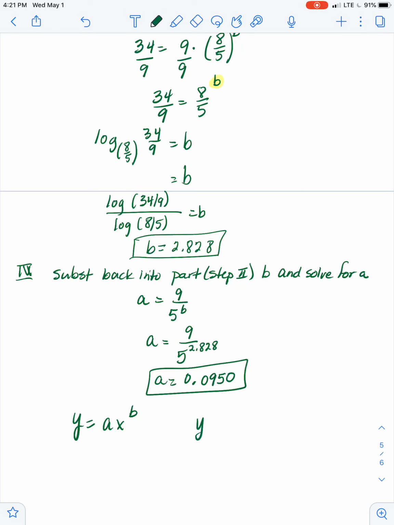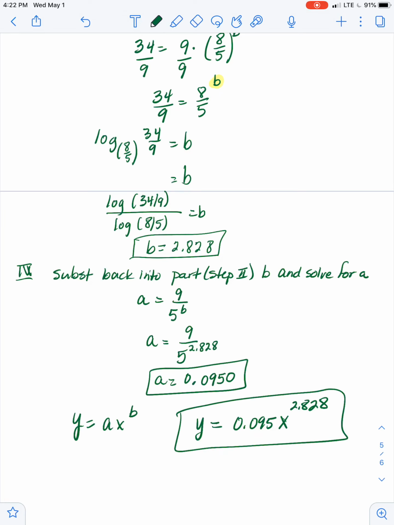So this would be y equals 0.095 x to the 2.828. Wow. Don't be surprised if you end up with some decimal values. That definitely happens, especially when you're working with power functions and exponential functions.